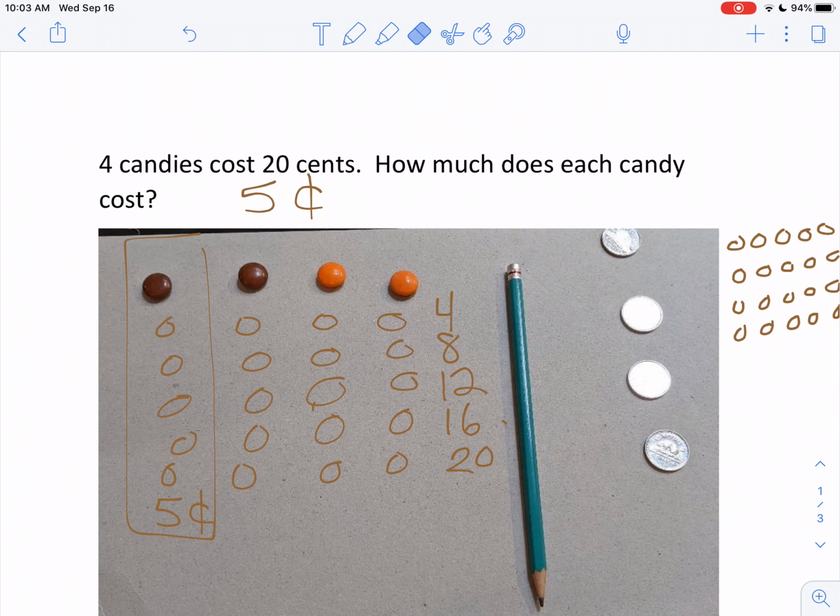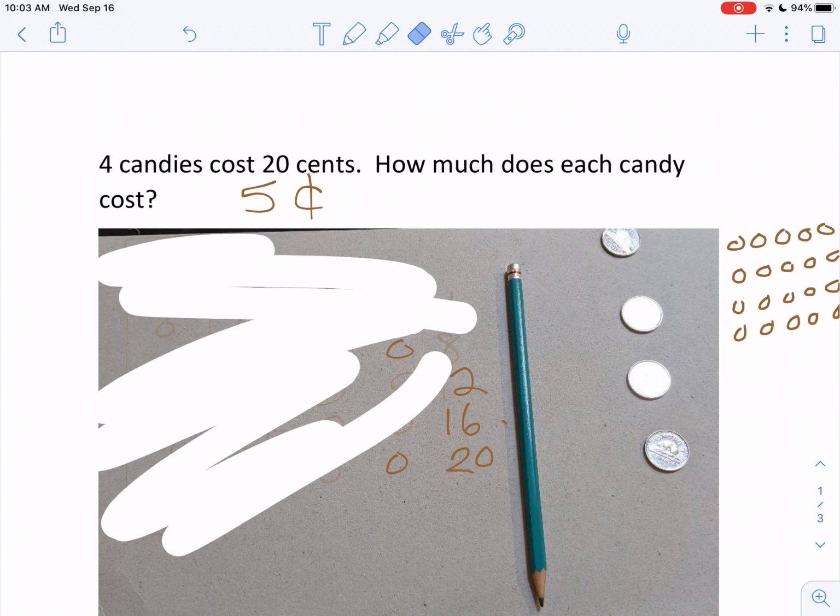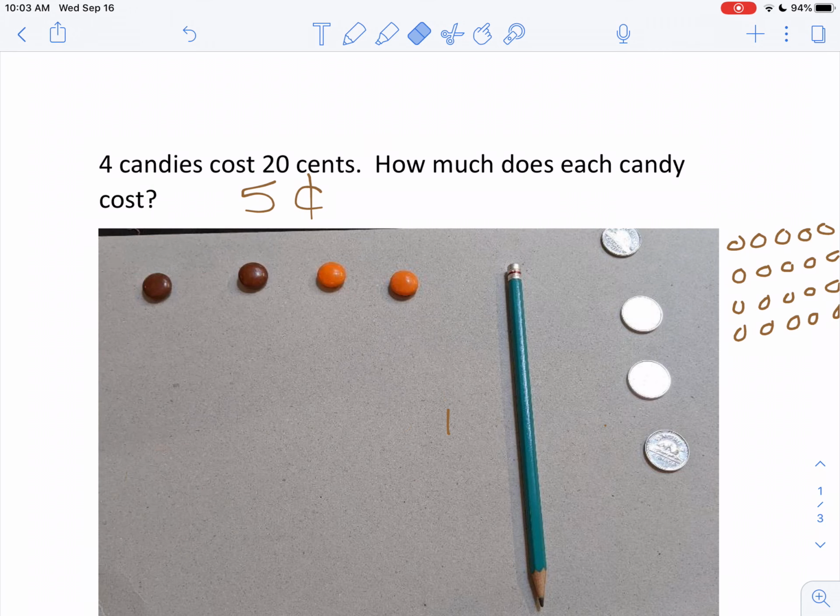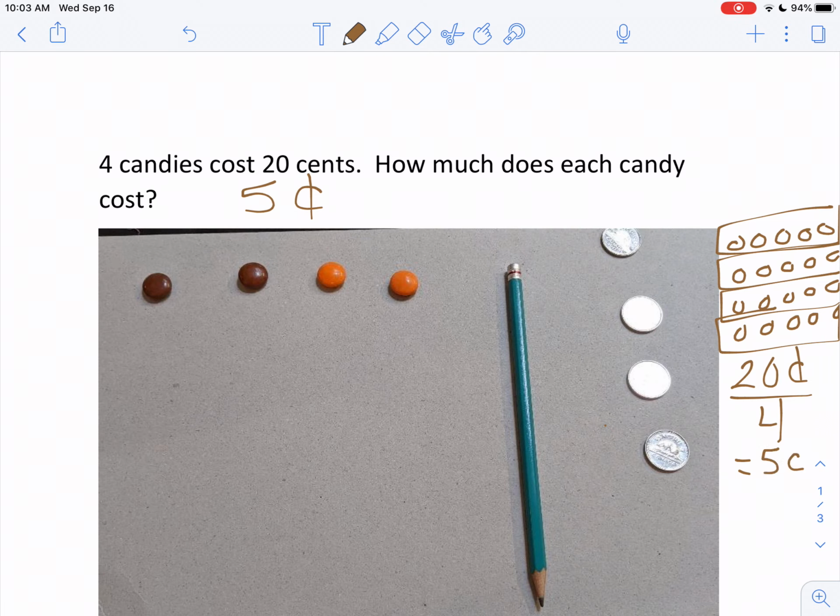But if you want to do this a little bit faster, you don't have to hand them out individually. What you can do is take your 20 pennies and divide it into 4 groups, since there are 4 candies. So 20 cents divided by 4 gives us 5 cents each.